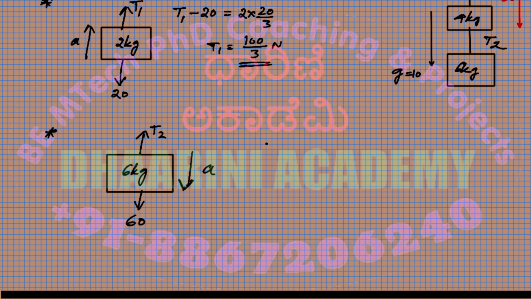Okay, so the equation downwards is 60 minus T2, and this is equal to 6A. T2 is equal to 60 minus 6 into the acceleration, that is 20 by 3. Okay, find the value of T2.